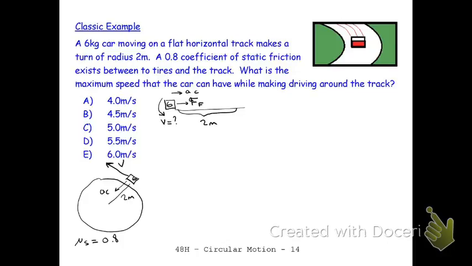Why is it called static friction? Because kinetic friction is when something slides across the surface. So if you lock your wheels and screech your tires, then you're in kinetic friction. But if you're laying your tire down and it never scrapes across the surface, it's just laid on the surface, then as far as that tire is concerned, it's static friction.